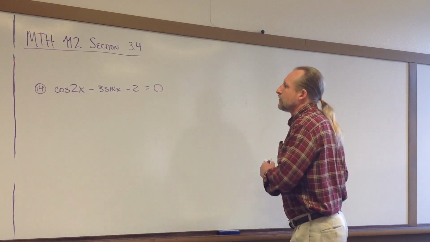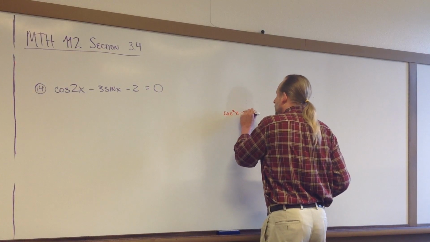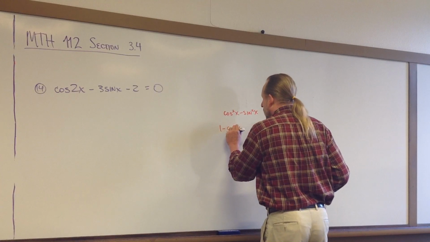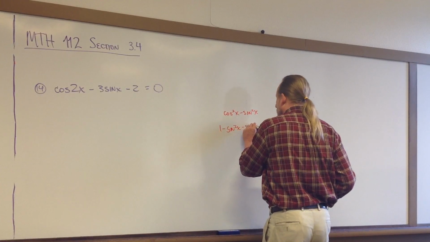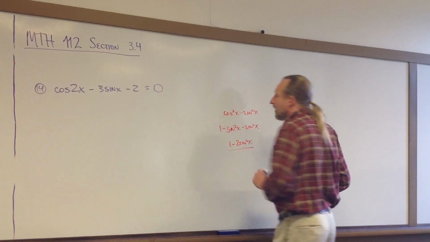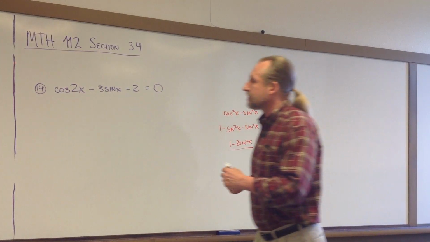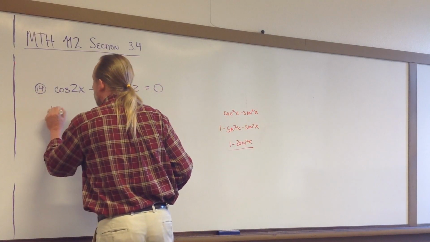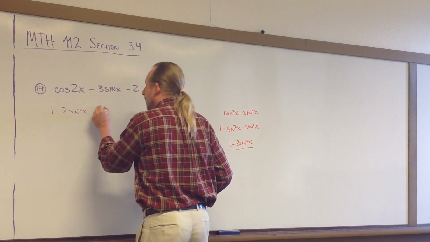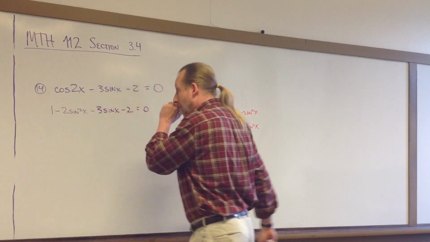We could use cosine squared minus sine squared, but then we just have to replace that cosine squared with 1 minus sine squared, and that would give us the identity that we really want for this problem, which is 1 minus 2 sine squared x. And then that matches up with the sine x that we already have there.